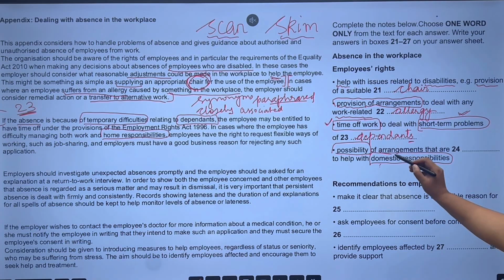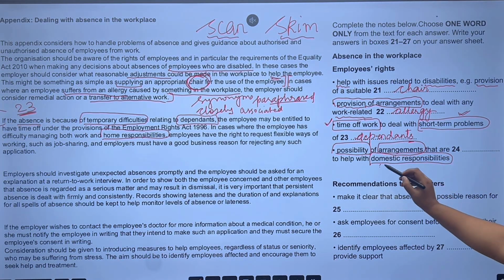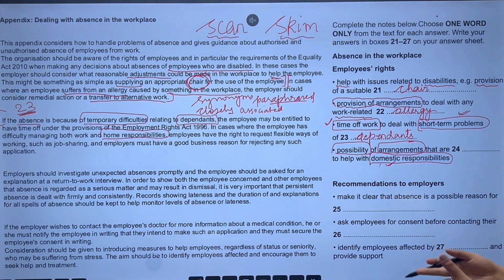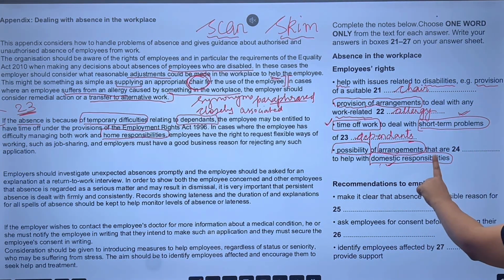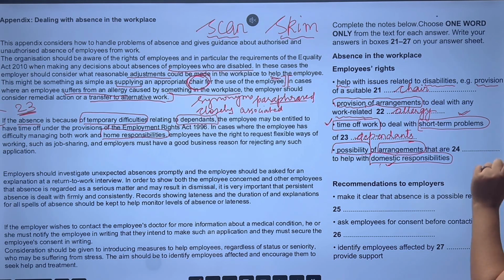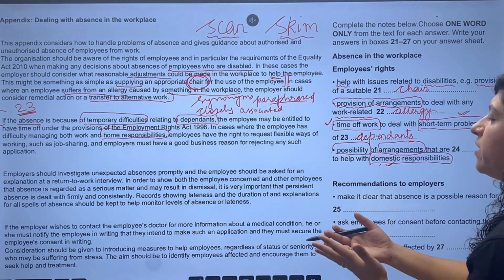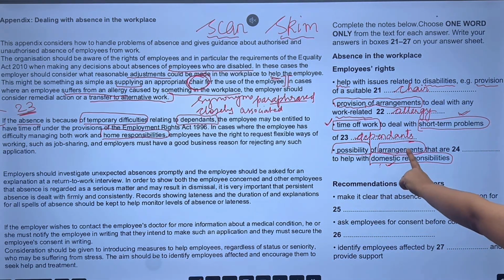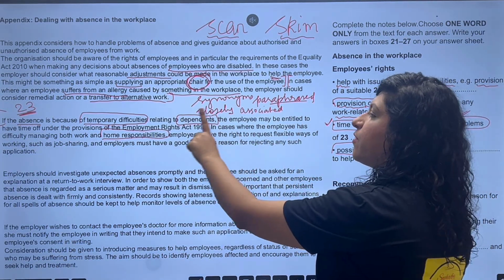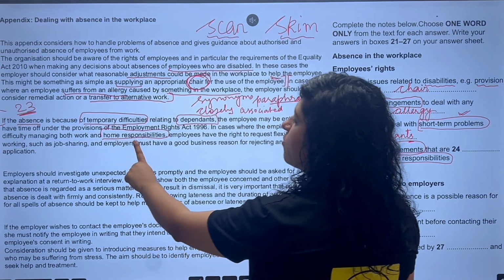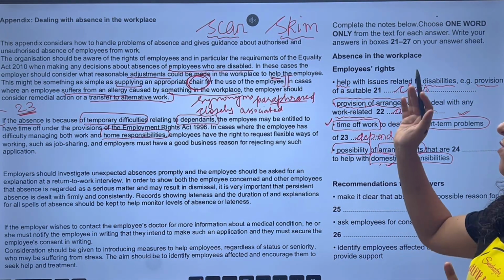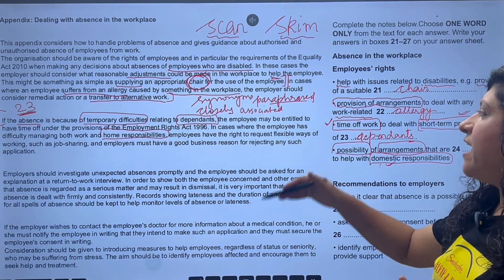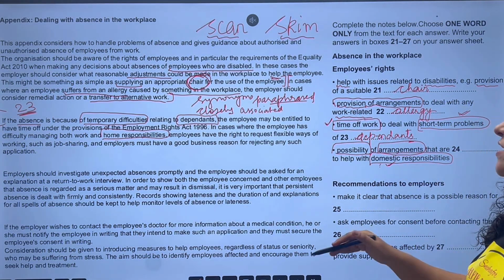So, arrangements, what kind of arrangements are there when this is the case? When employee, they have domestic responsibilities, what kind of arrangements should be offered to them? So in cases where the employee has difficulty managing both work and home responsibilities, what kind of arrangements are made for them? So employees, they can request flexible ways of working.